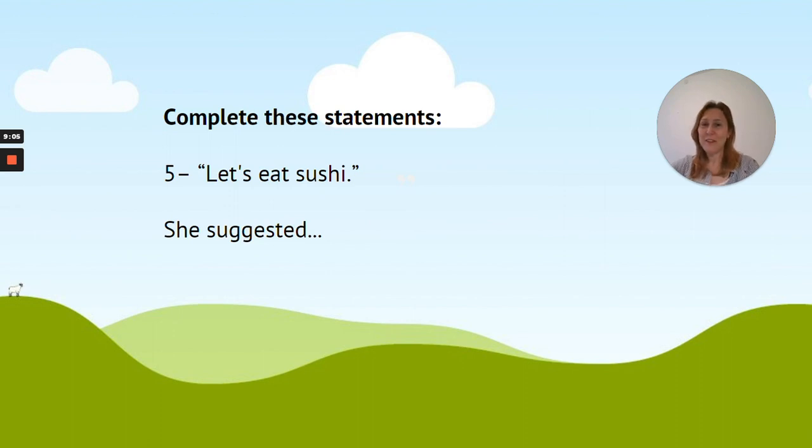And here we have come to a suggestion. So remember what we said about the verb suggest? So let's see if you can put it into practice. I would like you to think of 3 different alternatives to report this statement. Let's eat sushi. She suggested one alternative.